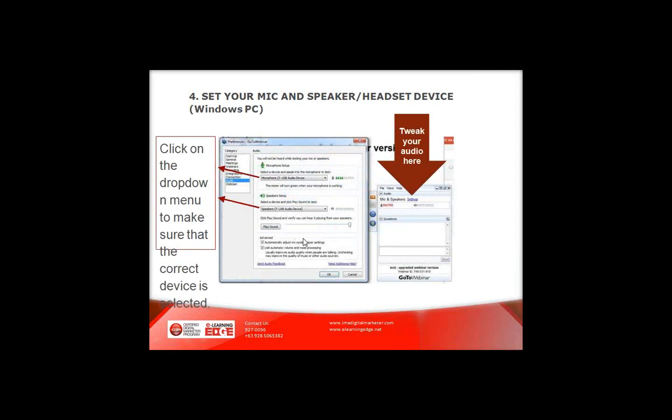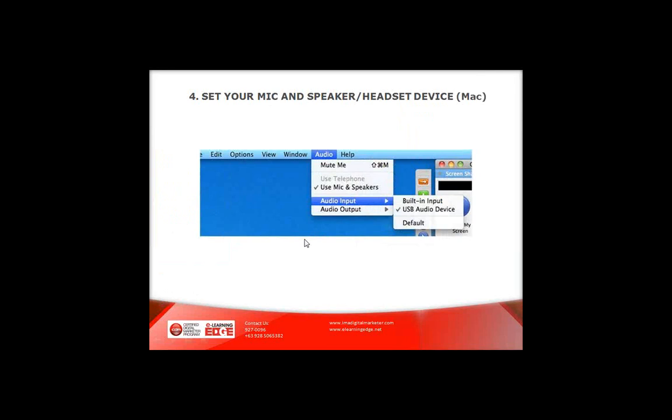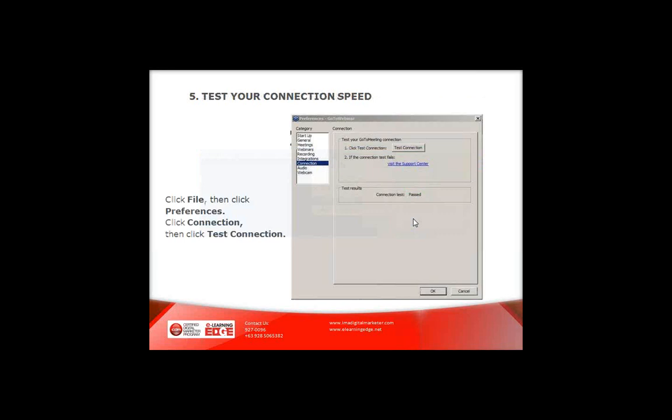For Mac users, just check the screenshot and choose the type of mic you're using. To test your speakers, click the play sound button and you should hear a sound. You can adjust the volume level by dragging the lever.